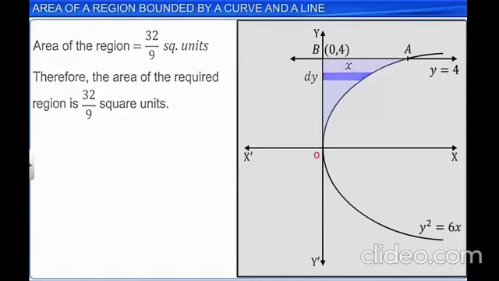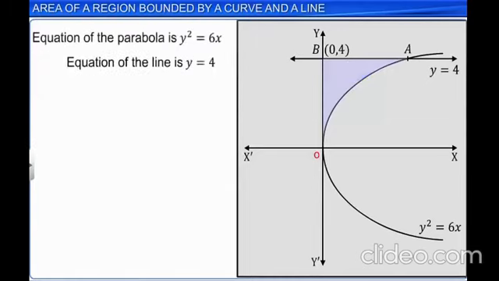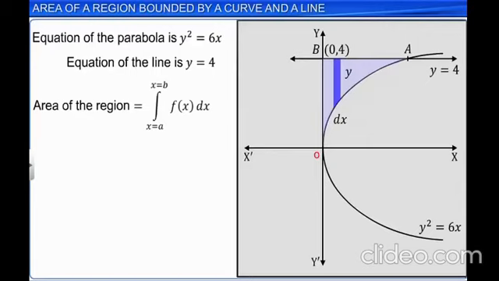The strip covers the whole shaded region when moved parallel to the y-axis, from the y-axis to point A. So the area of the shaded region is given by the integral of f(x) dx from x = a to x = b, where f(x) dx is the area of the strip. a represents the x-coordinate of any point on the y-axis, and b represents the x-coordinate of point A.